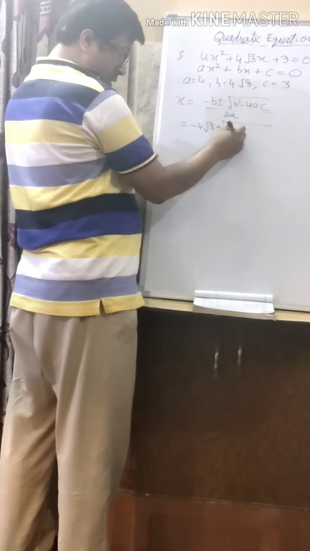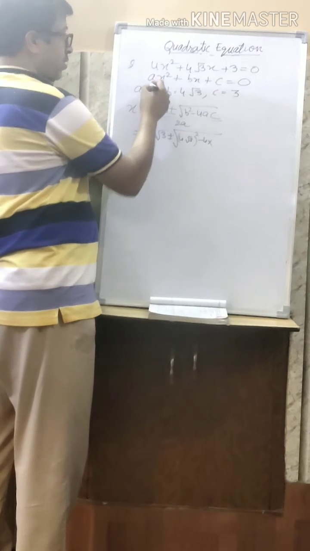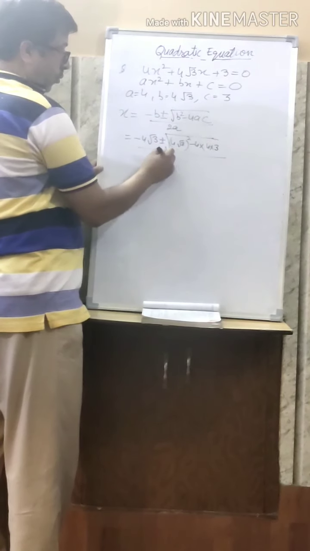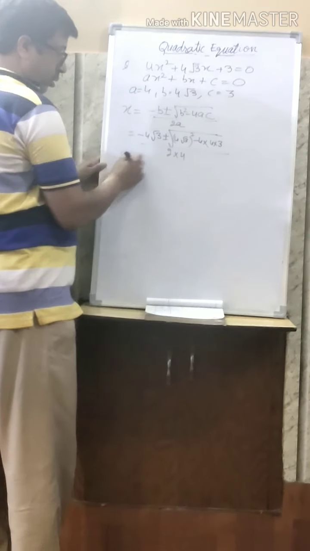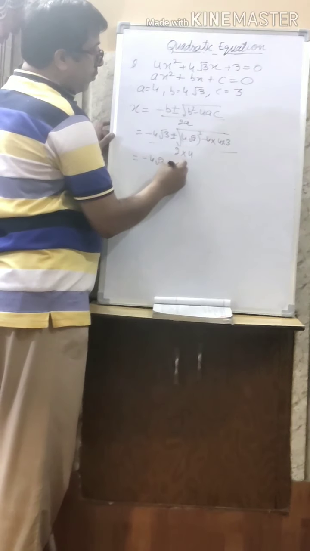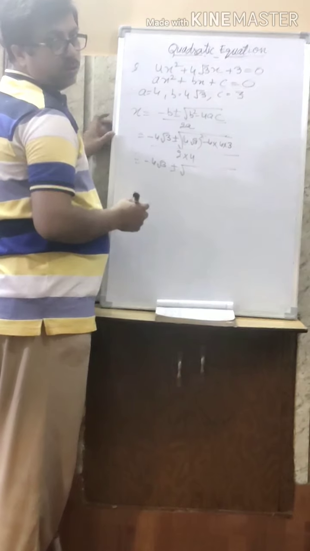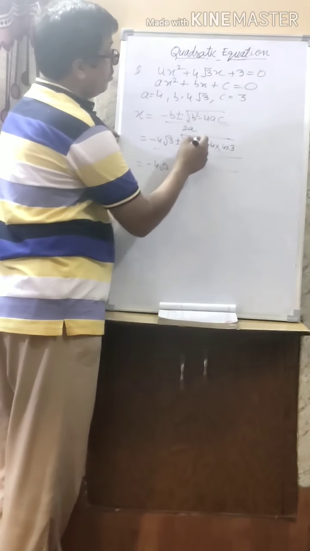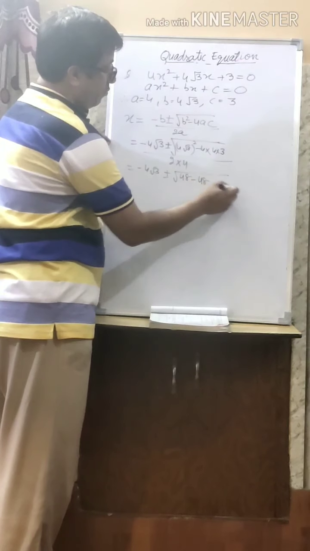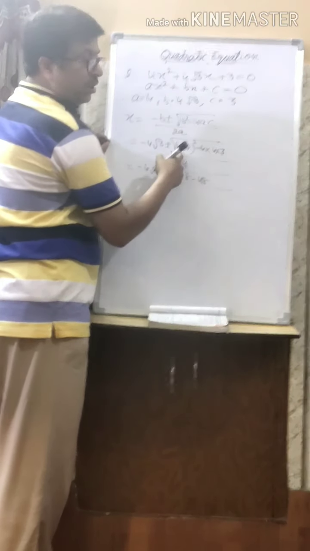B value is 4 root 3 square, minus 4, a is 4 and c is 3, upon 2a. Minus 4 root 3 plus minus 4 square is 16, 3 square cancel. 16 times 3 is 48, minus 48. Clear this? I think clear.